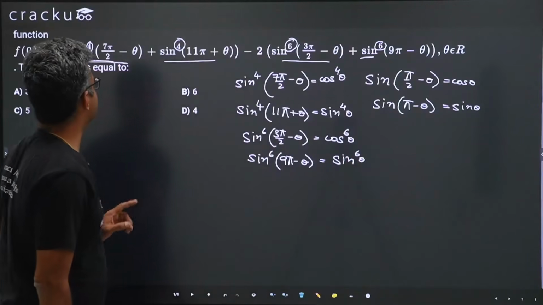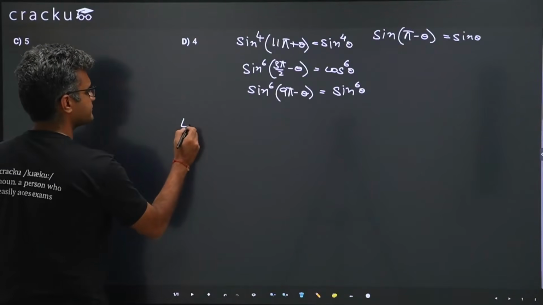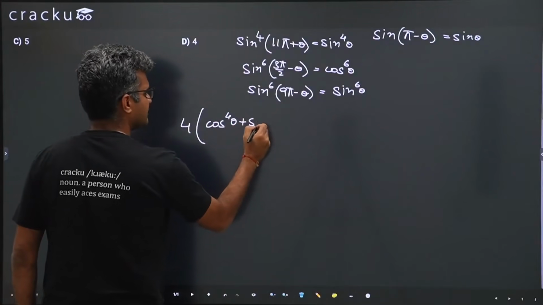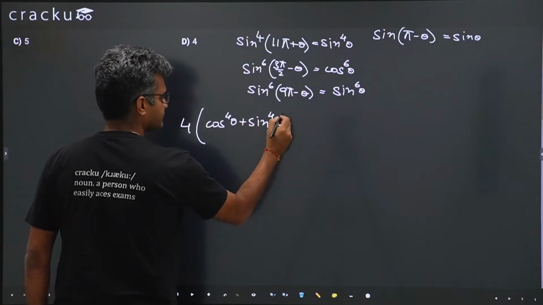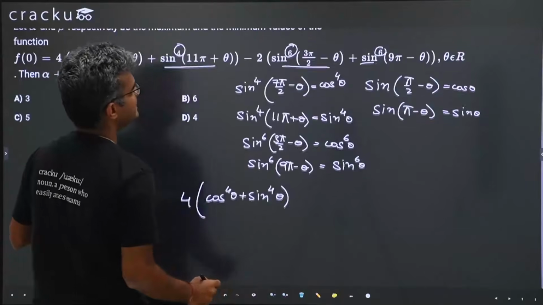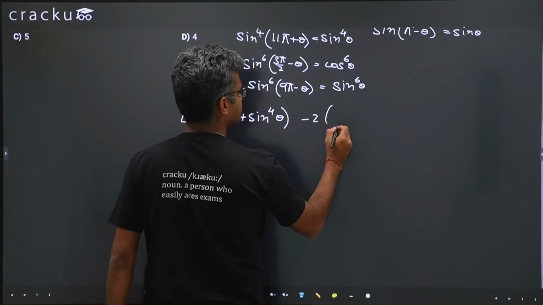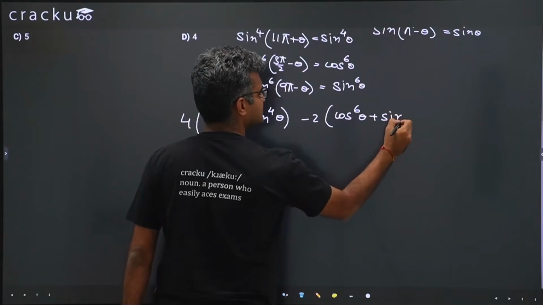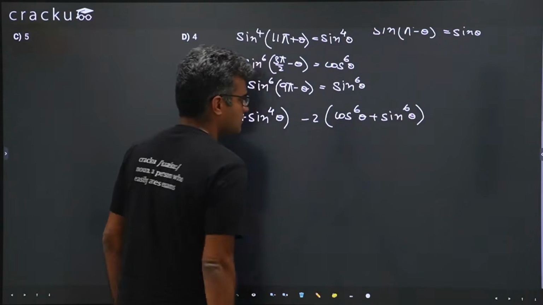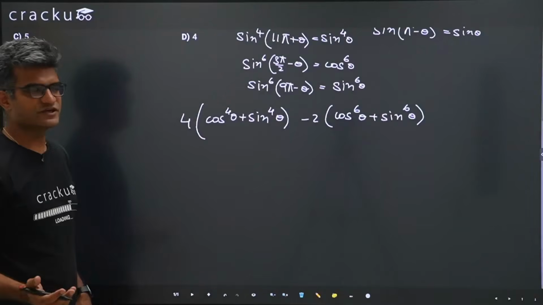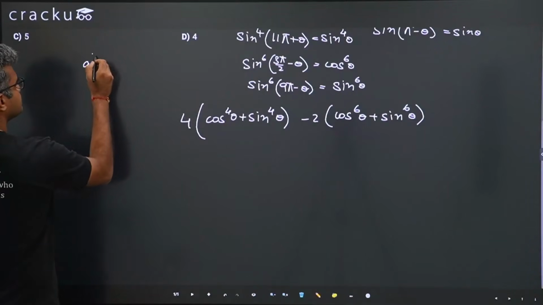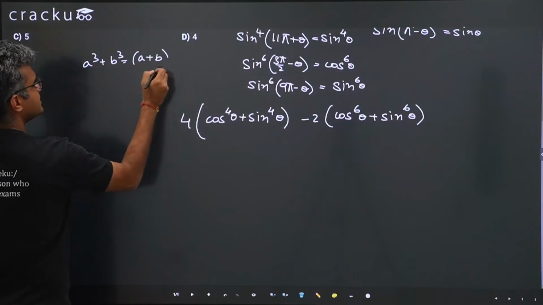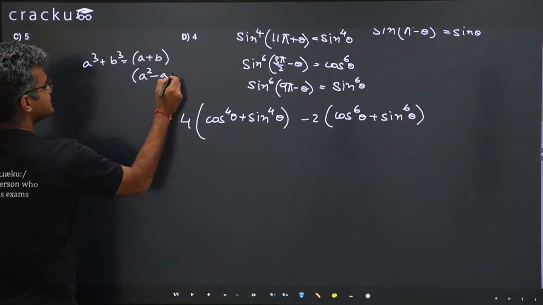So the expression that is given to us is 4 times (cos to the power 4 theta plus sine to the power 4 theta) minus 2 times (cos to the power 6 theta plus sine to the power 6 theta). One thing we know about a cube plus b cube is that this is equal to (a plus b) into (a square minus ab plus b square).